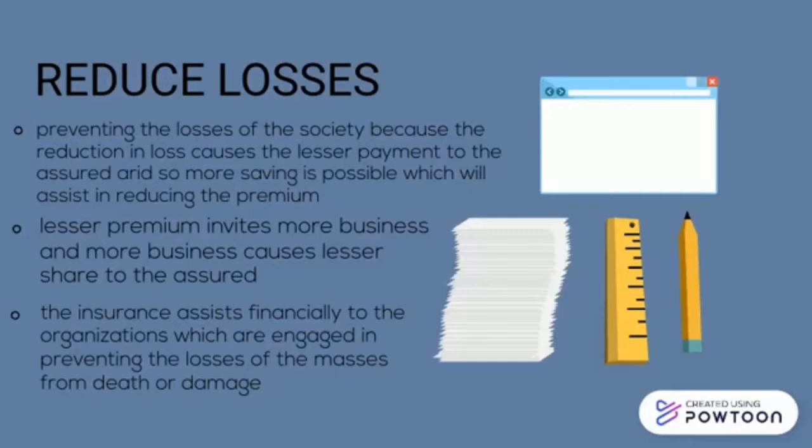So again, premium is reduced, which will stimulate more business and more protection to the masses. Therefore, the insurer assists financially the health organizations, educational institutions, and other organizations which are engaged in preventing the losses of the masses from death or damage.